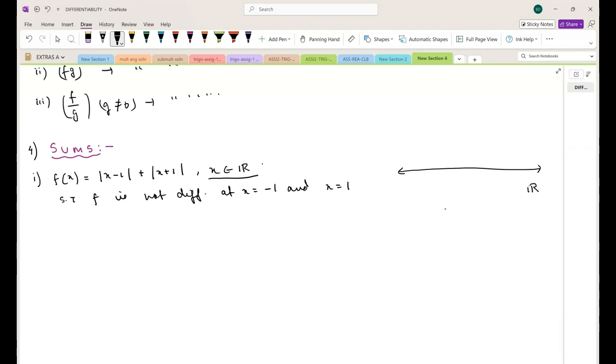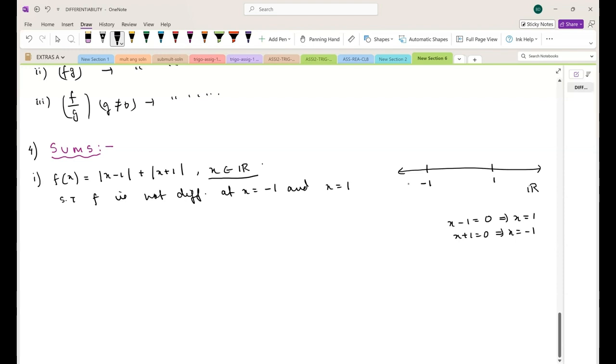You know already I have told you that individually make the expressions within the mod 0. So you get the points where the branches will change, that is x equal to 1. Similarly, x + 1 equal to 0 will give you x equal to −1.